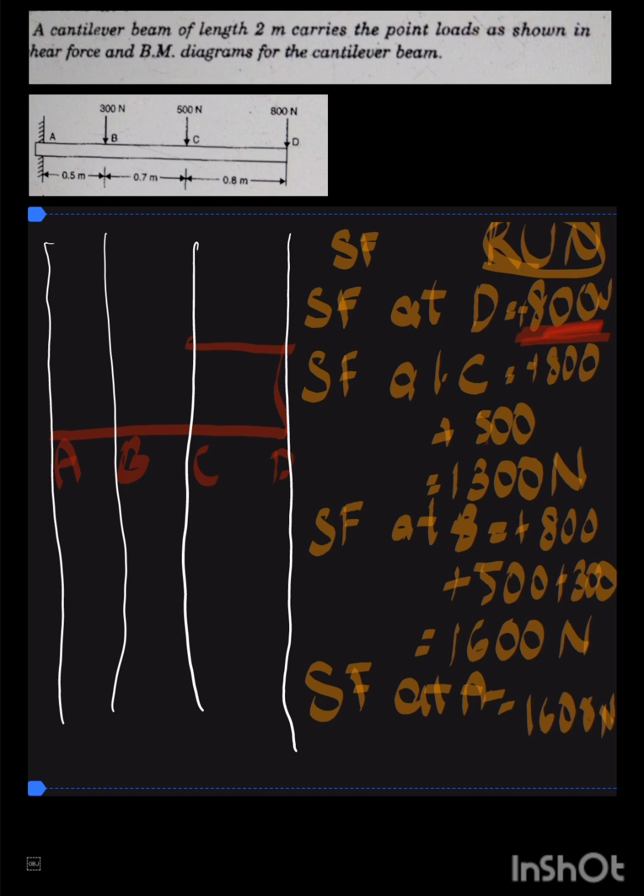For 800, how much do we have to add? 500. Until B, the force is 1600. After 1300, how much do we have to add? 300, so a little bit more, up to 1600.